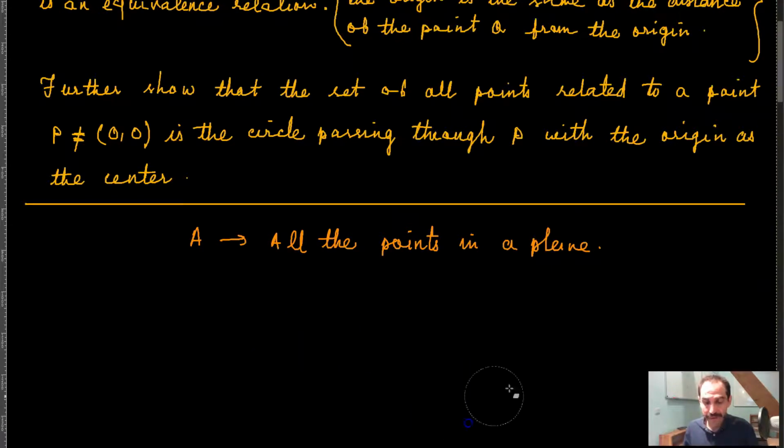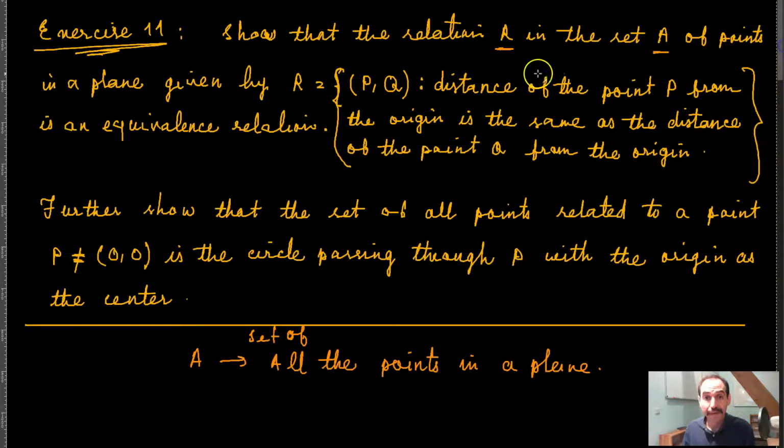So basically, if that is the case, then A is the set of all the points in a plane, and R is a relation on this set, which is all the ordered pairs P comma Q such that the distance of the point P from the origin is the same as the distance of the point Q from the origin, right?